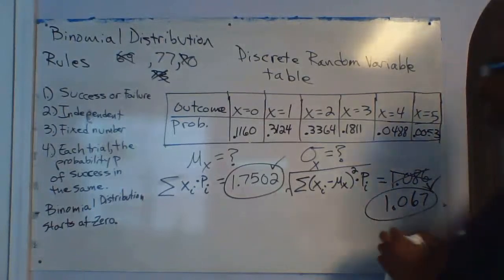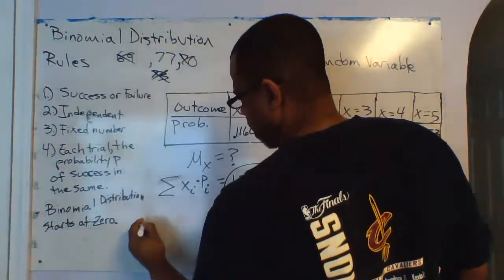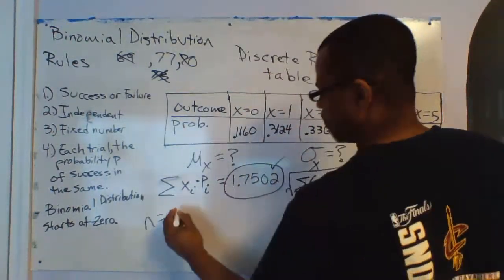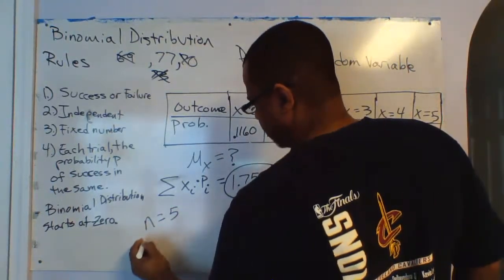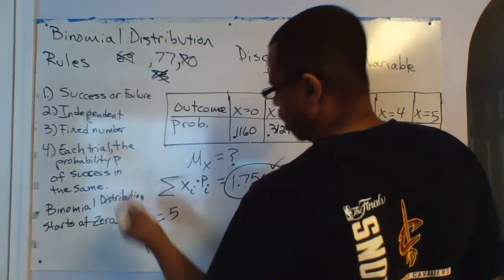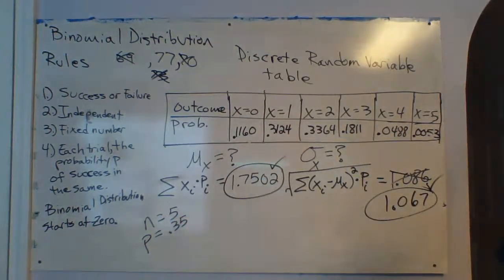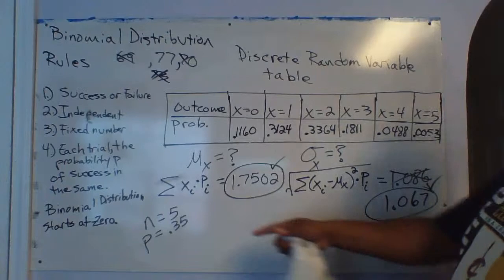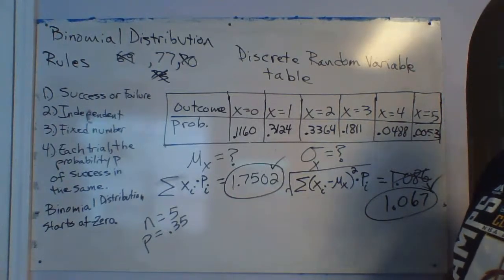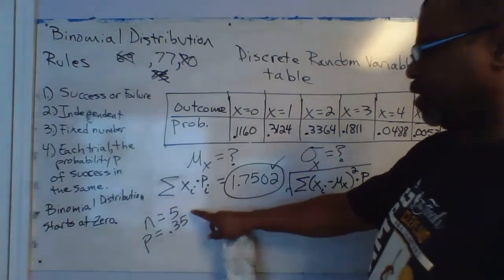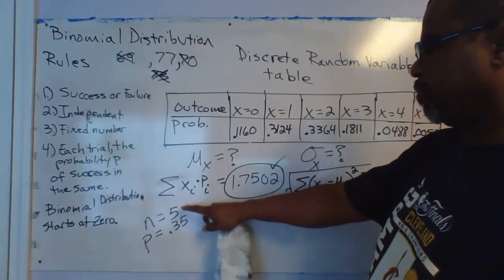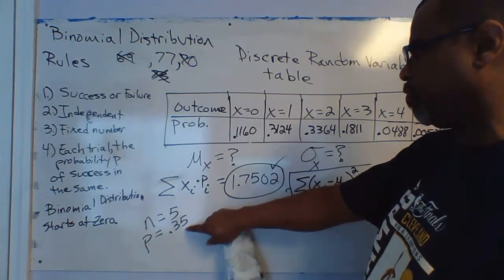So we know that we said n was equal to 5, and we said that the probability of success, oh, you all don't know, but actually I did it beforehand. So the probability of success is going to be 0.35. Now, n is 5, this is 0.35.